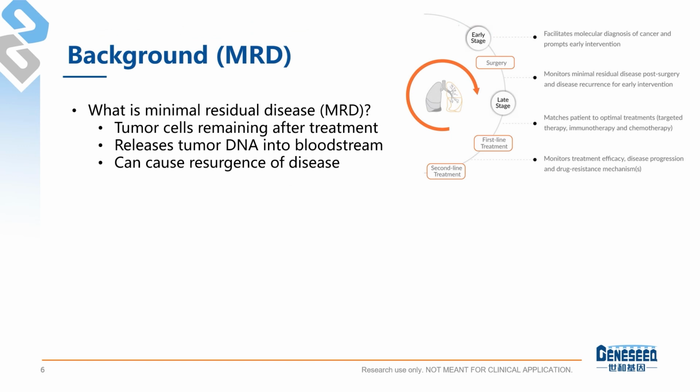So I've mentioned MRD a lot in these past slides. What exactly is MRD? MRD, again, stands for minimal residual disease, and it basically refers to the minute amount of tumor cells that remain after the standard cancer treatment has ended. These remaining tumor cells can divide and grow as normal tumor cells are known to do, and they release their tumor DNA into the bloodstream as well as cause resurgence of the disease.